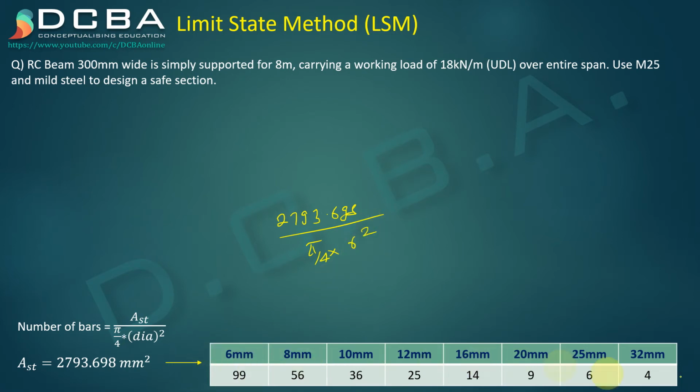So there is a shortcut that we can use in our calculators. I will just show it to you right now. So we'll check how to find the number of bars required for that area of steel.